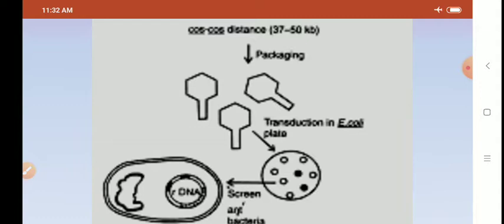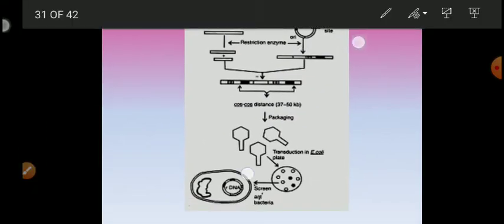And because the antibiotic resistance marker gene is present in the cosmid, we have to screen antibiotic resistant bacteria and find out the cells which contain cosmid vector with insert inside them. Okay, this is how a foreign gene can be cloned inside a cosmid.